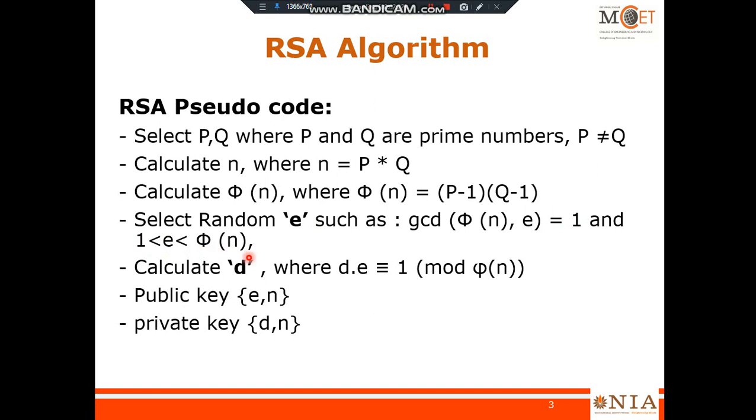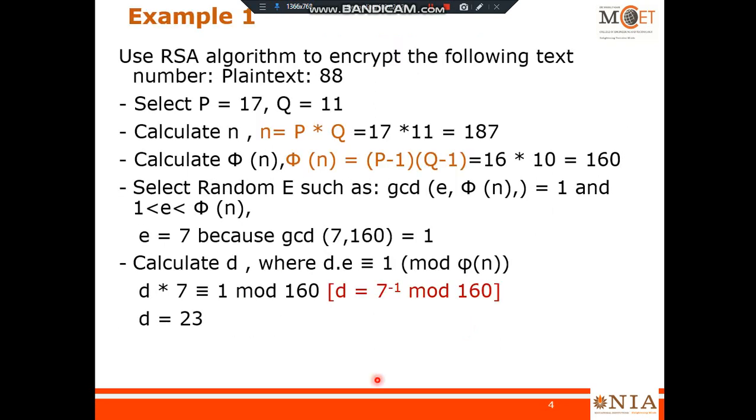Once the value of E is known, you can calculate D with the formula D times E congruent 1 mod phi of n. Having this, you will be able to calculate the public key (E, n) and private key (D, n). Let me show you an example so that you will better understand the algorithm.